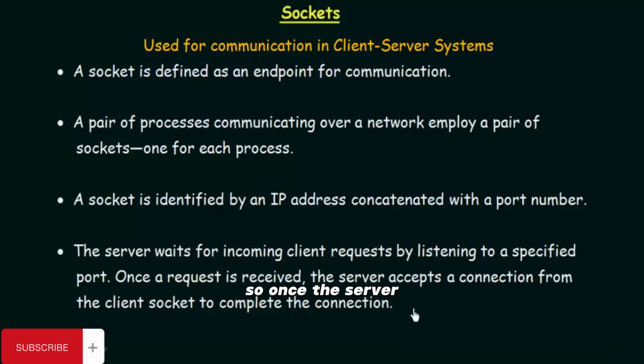Once the connection is established, they can communicate with each other. Remember that at the server's end and at the client's end, both processes have sockets, and the sockets are what enable this connection to be established.